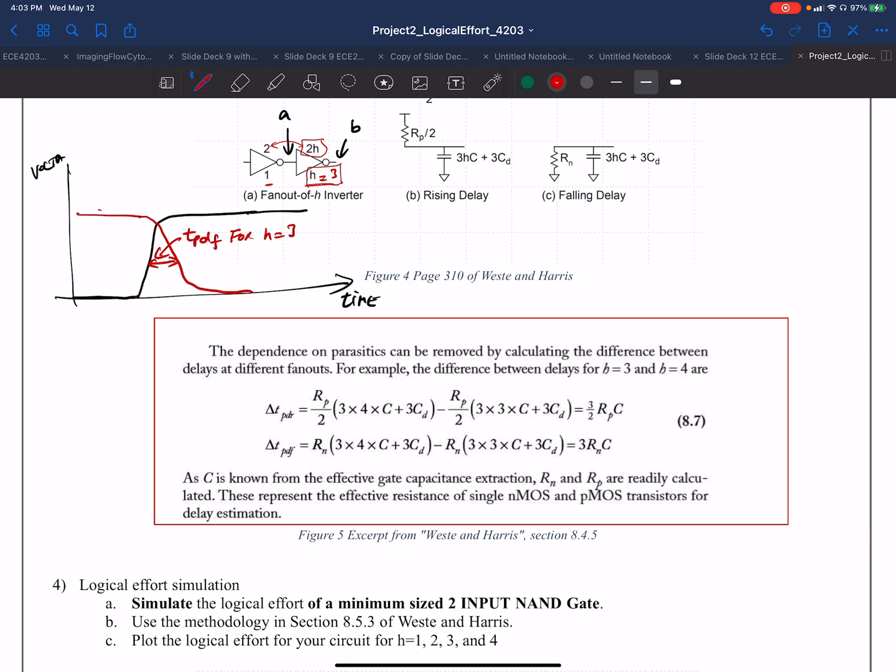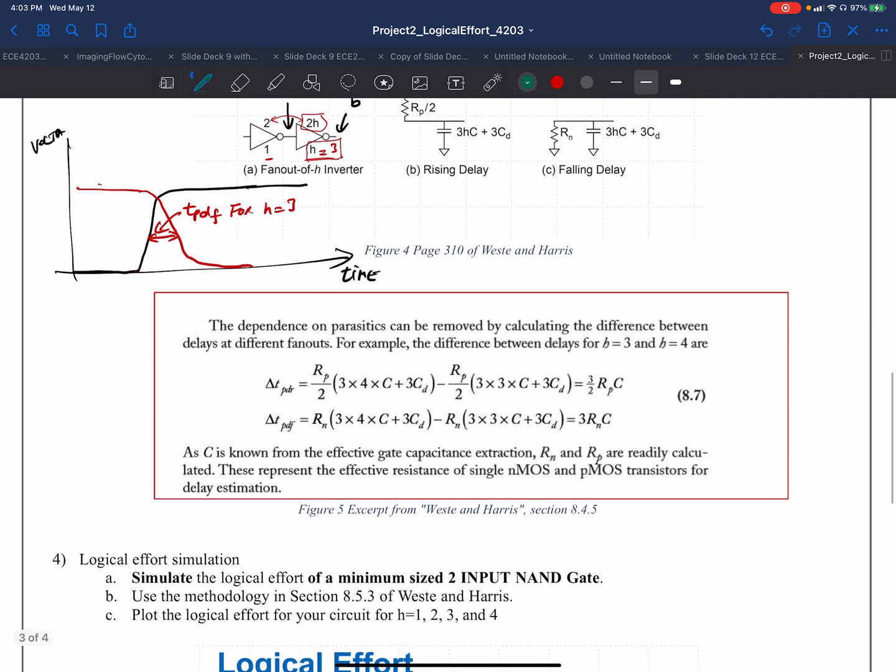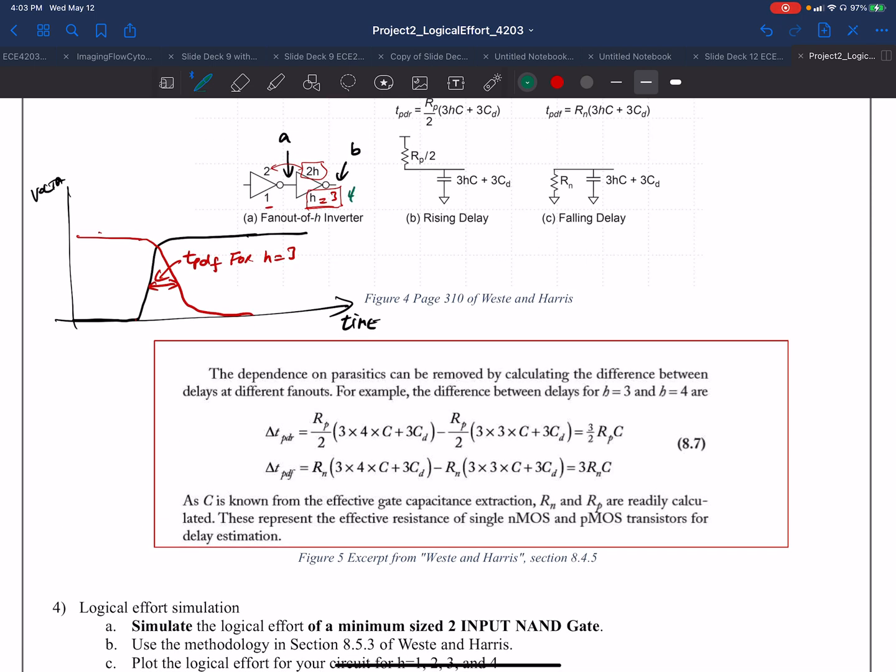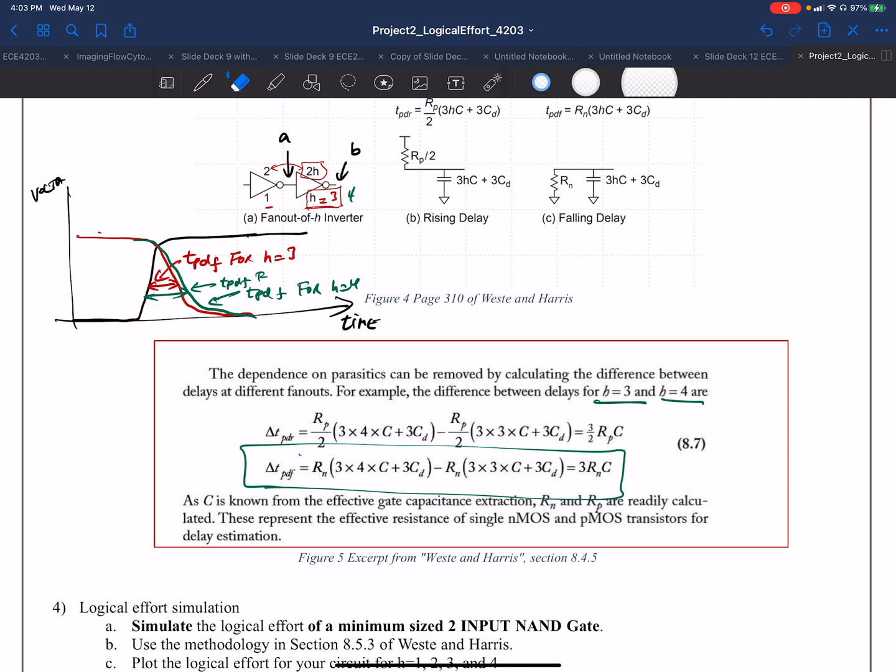And then you do a second simulation, and you do exactly the same thing, but you change H to equal 4. So you're doing H equal to 3 and H equal to 4. H equal to 4 will have some other prop delay. So this is the prop delay fall for H equal to 4. And you basically subtract the prop delay falling for H equal to 4, sorry, pointing at the wrong thing.